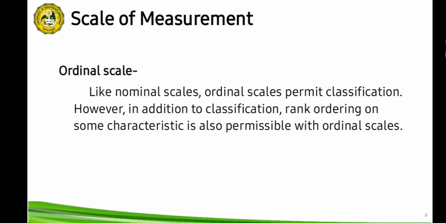Let us now proceed to the second scale of measurement, which is the ordinal scale. Like nominal scales, ordinal scales permit classification. However, in addition to classification, rank ordering on some characteristics is also permissible with ordinal scales.